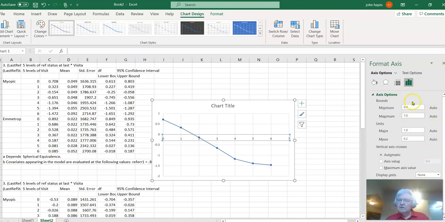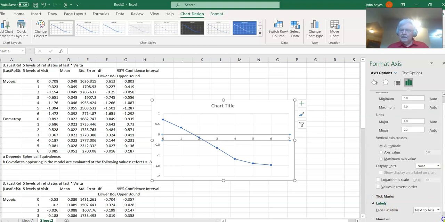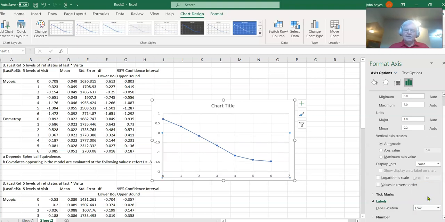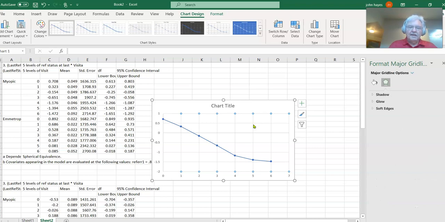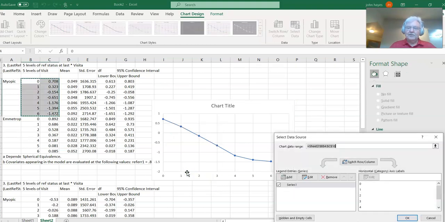Let's see, get my picture out of the way here. Down here we have labels. It says next to the axis, but we want it at the bottom. There we go. And I also think it's helpful. Well, we'll let that go for now. All right. So let's select our data so we can add some more stuff.